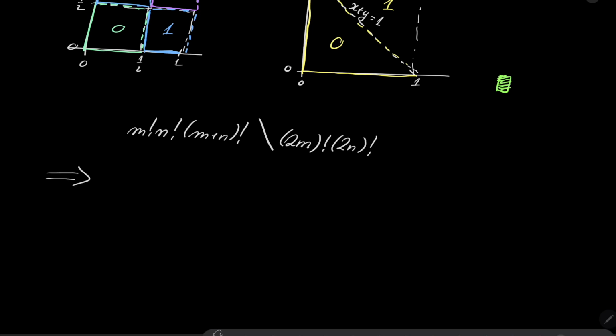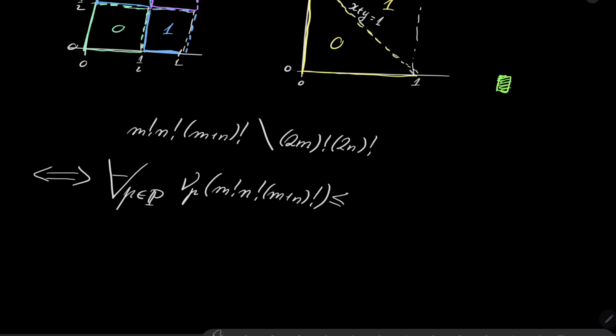Notice that this is equivalent to saying that for every prime p, the p-adic valuation of m! n! (m+n)! is less than or equal to the p-adic valuation of (2m)! (2n)!. If you wonder what the p-adic valuation is, well, it's the highest exponent such that p to this power divides our number.